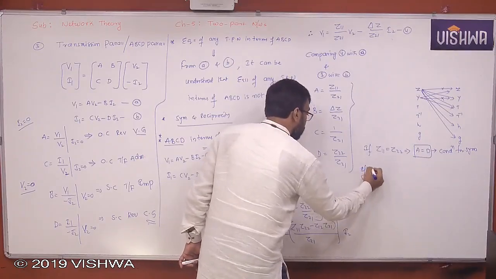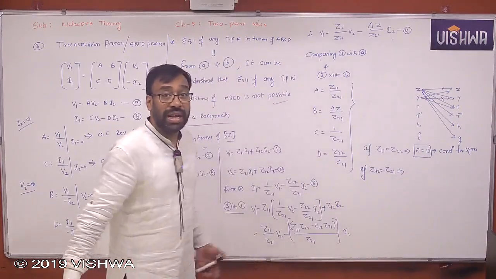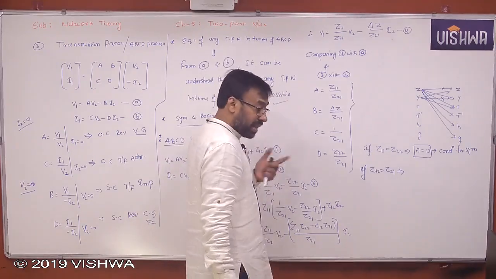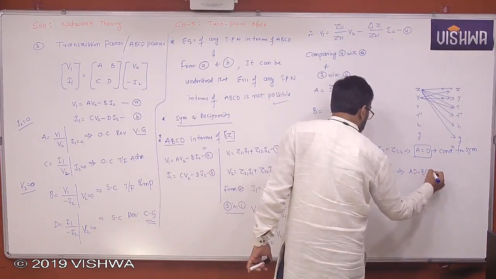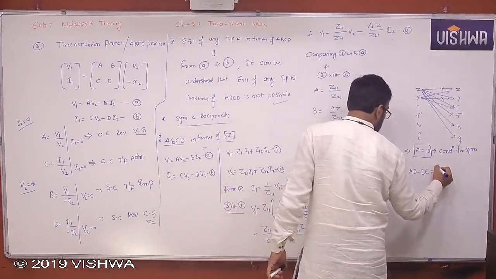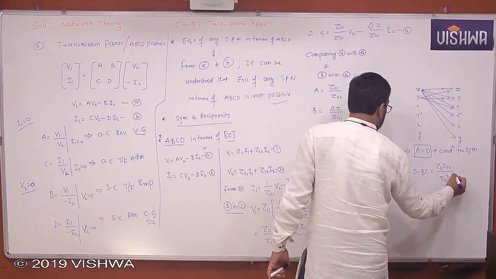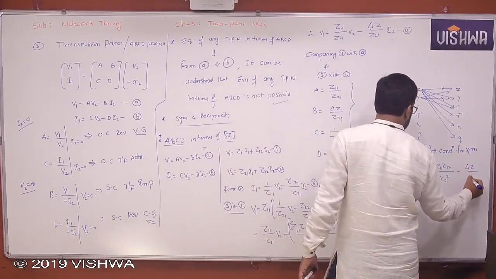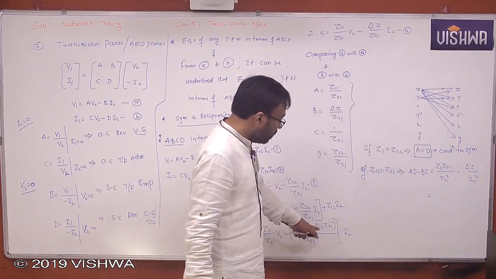If Z12 is equal to Z21, let's see what will happen here. I don't understand anything from this, but if I calculate AD minus BC, look at this. What is AD minus BC? AD is Z11 Z22 by Z21 square minus BC, del Z by Z21 square. What is del Z? Z11 Z22 minus Z12 Z21.